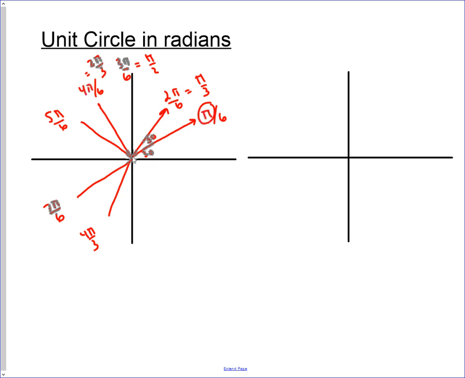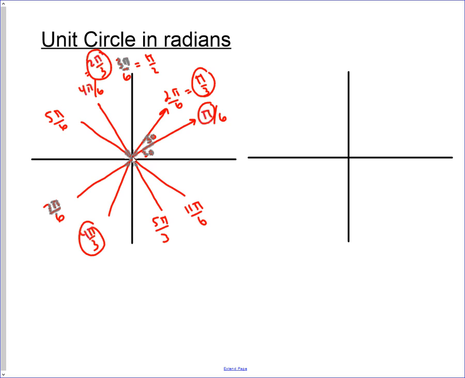If you notice, the 60-degree angles are pi over 3, 2 pi over 3, 4 pi over 3, and then the next one over here is going to be 5 pi over 3. And then finally, our last one, 330 degrees, is 11 pi over 6.